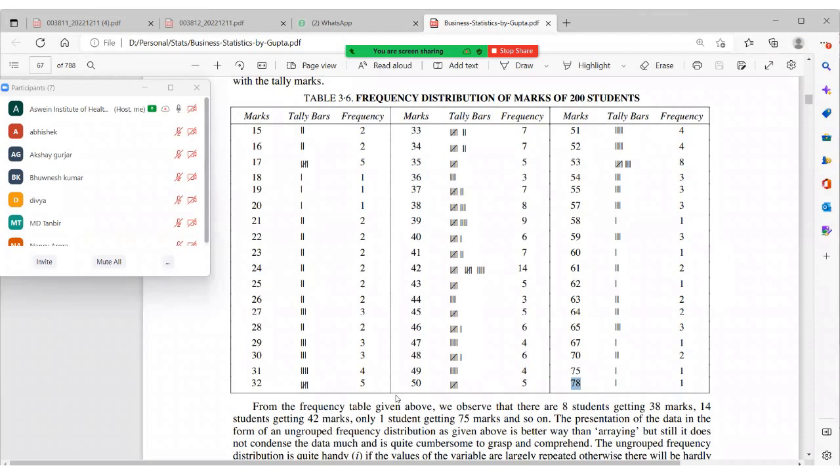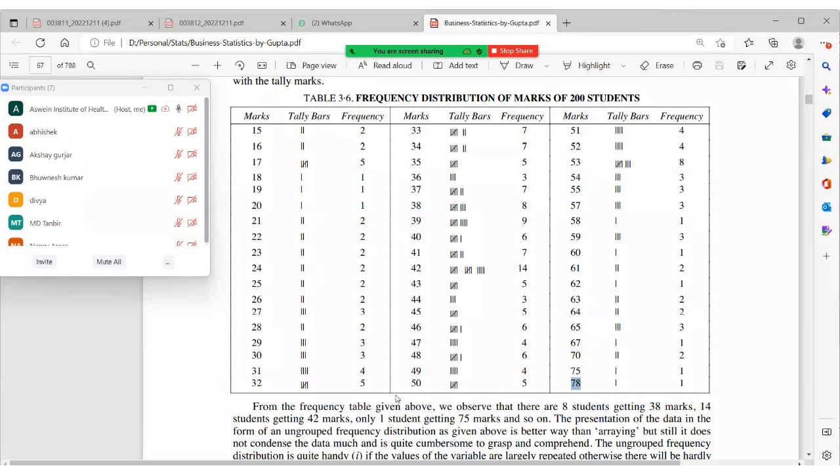So the difference is 63, we divide 63 by 6. It is approximately 10 point something. So we make the difference of 10. That is approximately the height, or we say approximately the width.